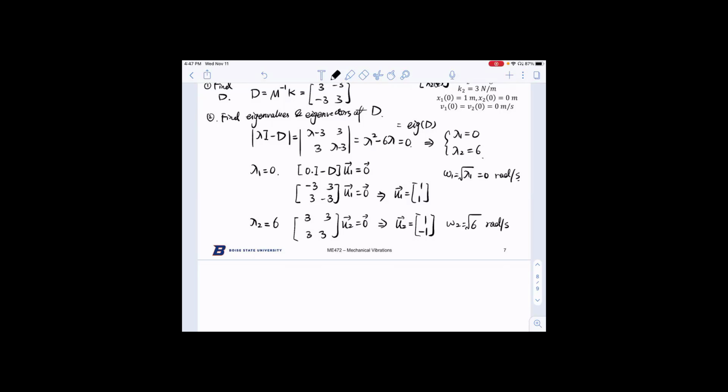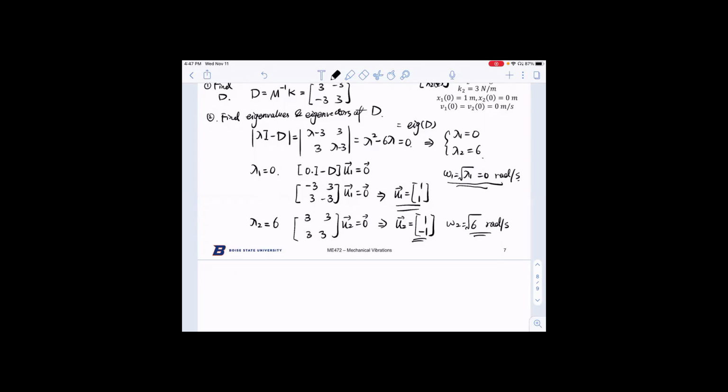So up to this point, you have found the eigenvalues and eigenvectors, and these values give you the mode shape and the natural frequency. This problem is actually special because you can see that one of the resonances is actually 0. So this is a zero natural frequency.